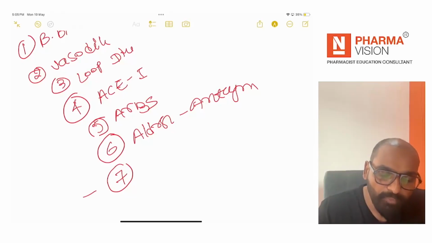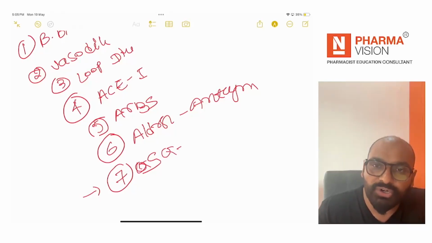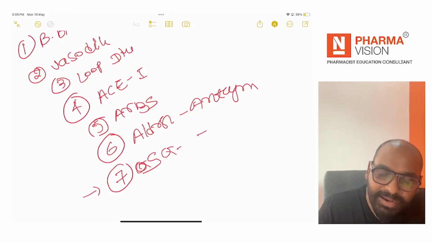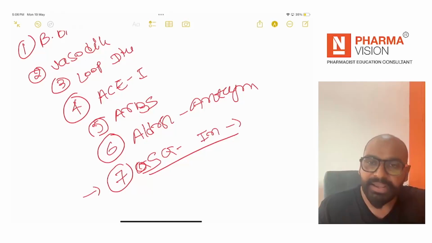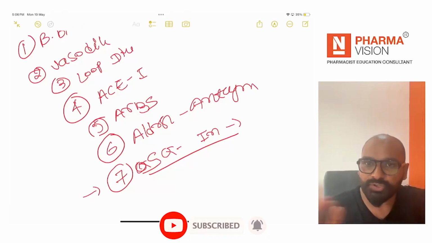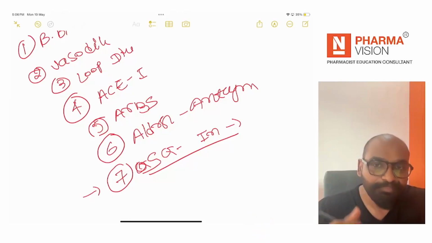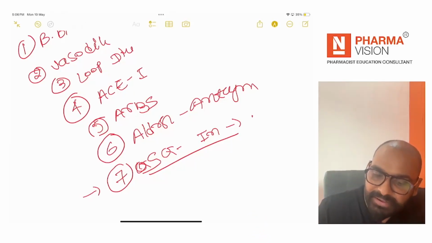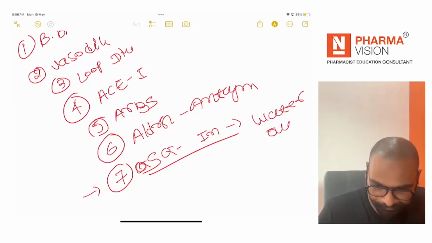And two other medications are related to the overload of fluid. Okay, so fluid overload, that is sodium-glucose co-transport inhibitors. These kinds of medications are actually used for diabetes, but in these patients they also flush out glucose from the body, and they try to maintain the osmosis and that increases the fluid outflow, water outflow.